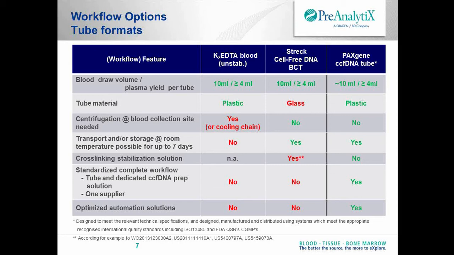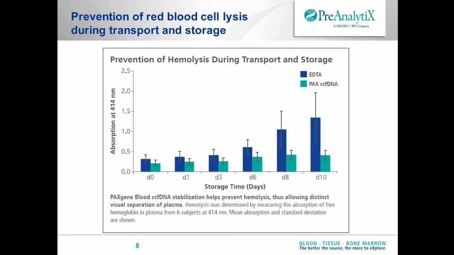In the next slide, I will show you some data that we generated with our new tube in comparison to other tubes. The first aspect I want to talk about is hemolysis. With our tube, we also prevent the red blood cells from lysis, and this is shown in this picture.